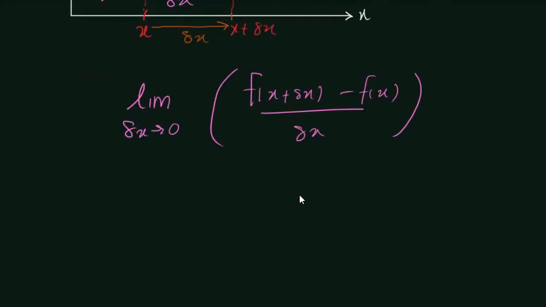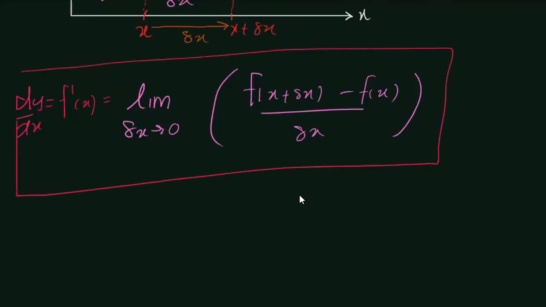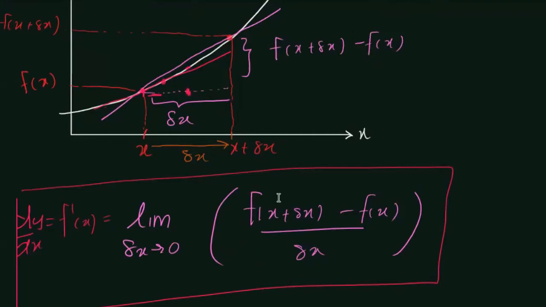We call that the differentiation, or dy over dx, or f dash x. So this is how we find the differentiation, or f dash x, the first derivative, using first principles, right? So what is this actually?